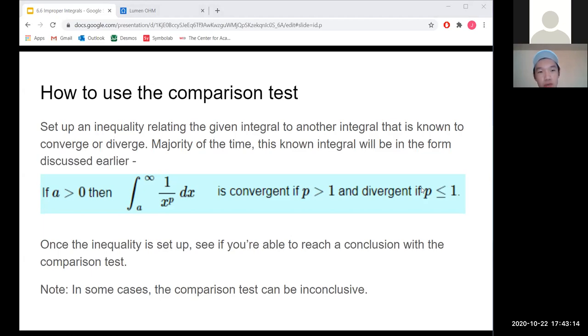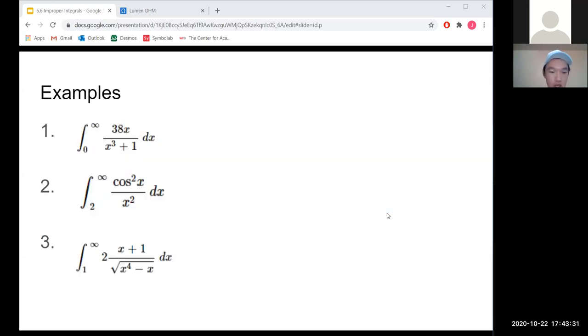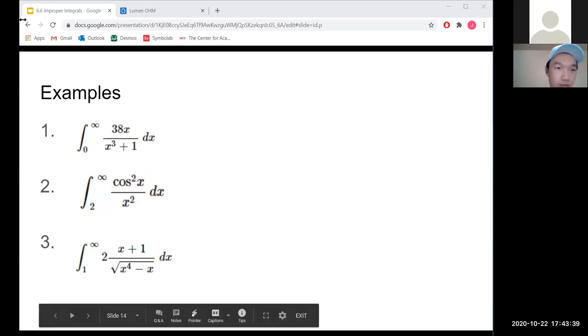So the way you set up the comparison test is you set up two integrals and then you have an inequality. Once you have your inequality, you try to reach a conclusion for the comparison test. Let's look at some examples. Here we have 3 examples, and we'll do these right now.